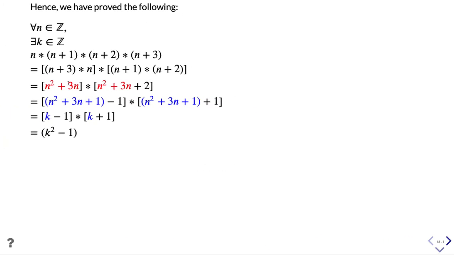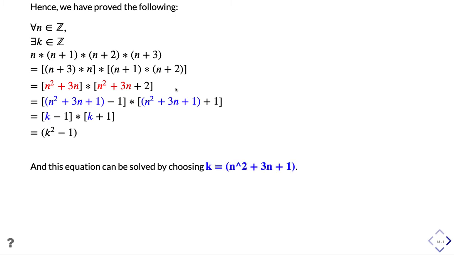So effectively now we have proved that for any 4 consecutive numbers, that means for any integer value of n, we get 4 consecutive numbers whose product can be mapped to k square minus 1, where k is some integer. And this is how k comes out to be, and this is how those two numbers are formed. This equation can be solved by choosing k equal to n squared plus 3n plus 1. And yes, that closes the proof.